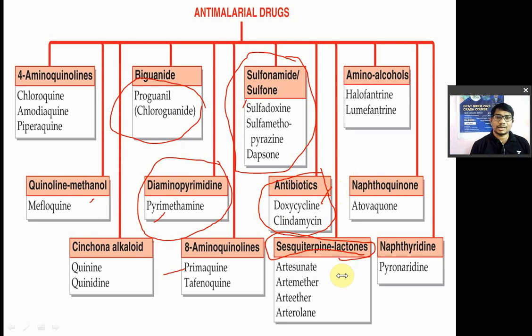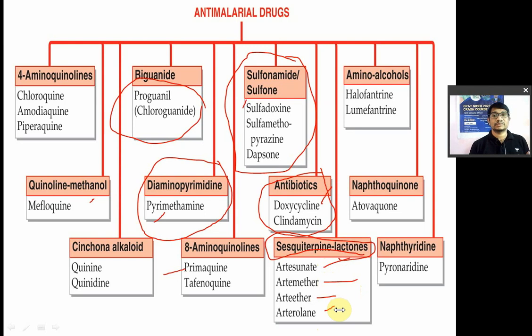Artemisinin, artesunate, artemether, arteether, arterolane. All these are derivatives of artemisinin. What is artemisinin?